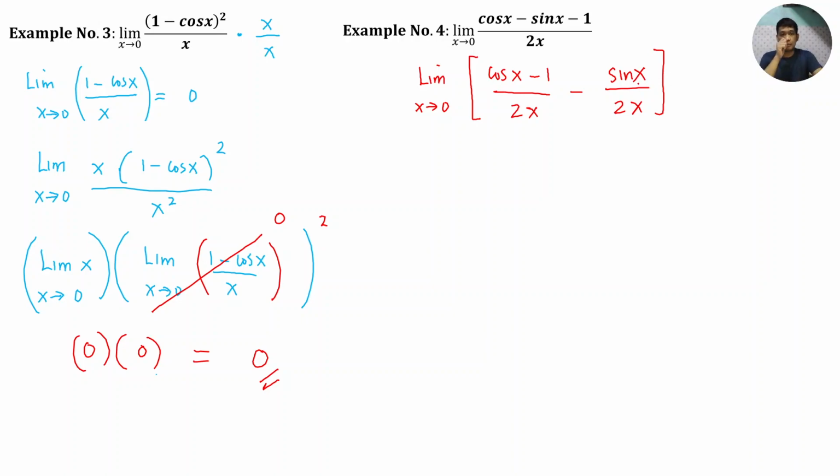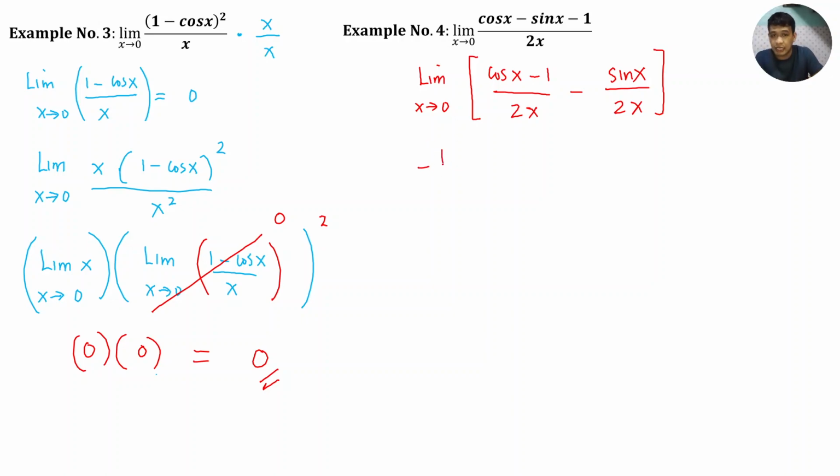Since meron tayong principle kanina na sine x over x is equal to 1, ang gagawin lang natin, ilalabas lang natin yung mga constant outside. So, using this principle also, dapat negative yung cosine, positive yung 1, I can factor out negative 1/2.